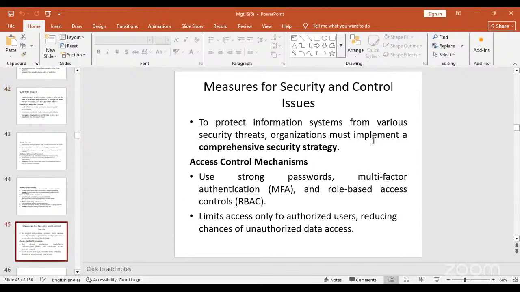Now, measures for security and control issues. Already I have told you that access control mechanisms are used, that is strong passwords, multi-factor authentication, or role-based access controls. Use strong password means what? I think all of you have bank passwords for internet banking, or you have a laptop, then you have to provide a password.